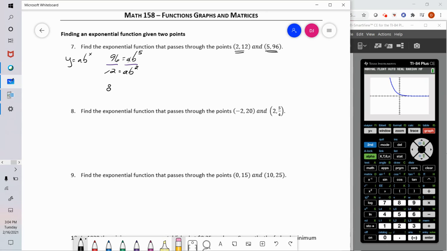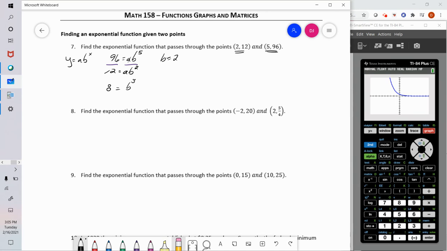And a divided by a is 1. b to the fifth divided by b to the second is b to the third. And so we can just know that if b to the third equals 8, then b would equal 2.